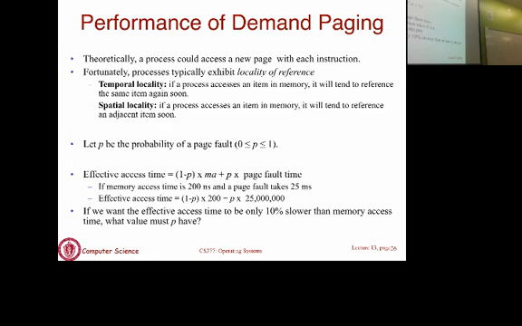Now let's ask the question, so that is your effective memory access time. If you want only a 10% slowdown in your performance because of page fault, then what should the probability of the page fault be? Okay, is that clear? So that's the question, the last bullet there. So depending on the probability of a page fault, you can basically get different levels of slowdown. So lots of page fault, you'll have significant slowdown.